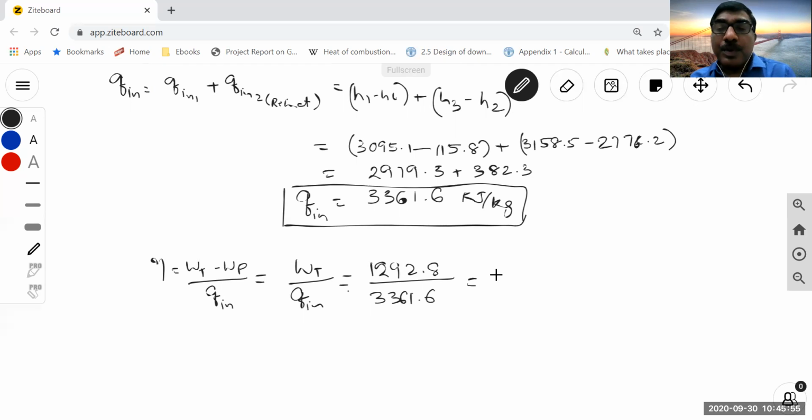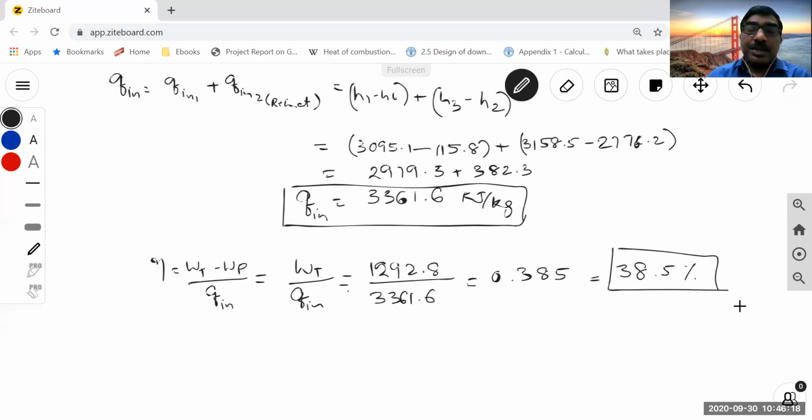So this is coming to be 0.385, or 38.5%. So this is the efficiency of the reheat Rankine cycle, and you have to find out specific steam consumption.